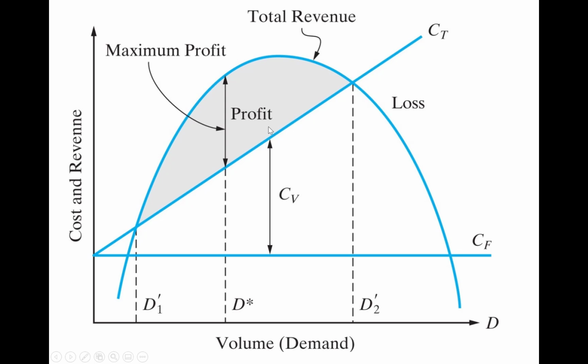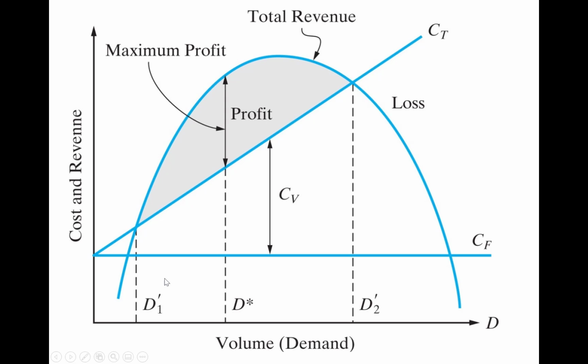And so here we were talking about break-even as this D'1 and D'2. And so the break-even points were the first point of operation where you are going to be generating a profit, where for the first time your revenue is larger than your costs. Remember that cost has two components. It has the fixed cost and the variable cost.